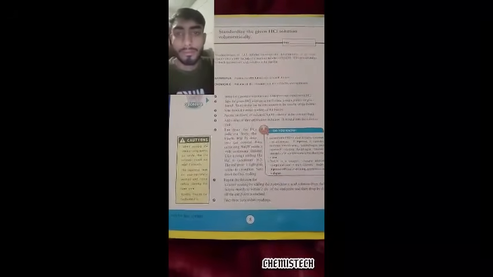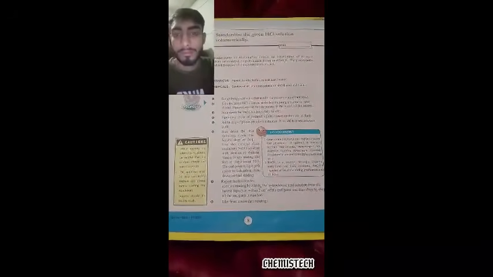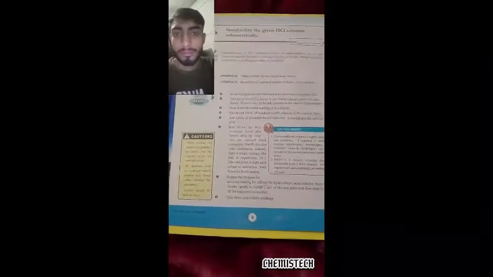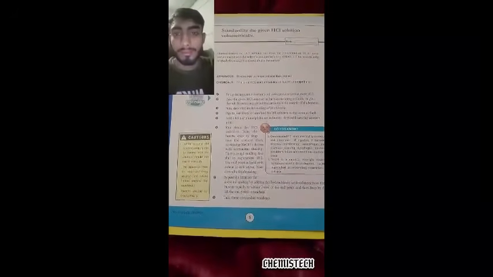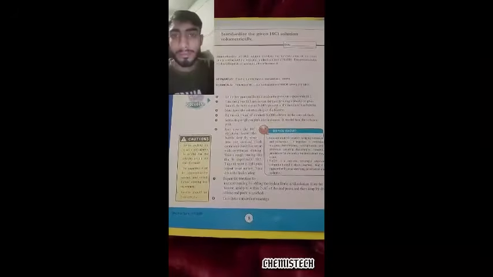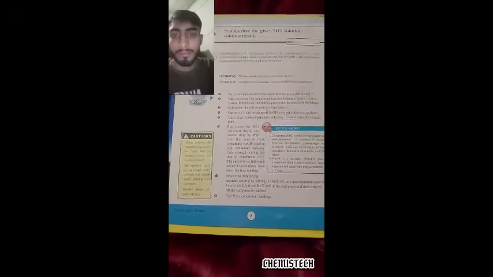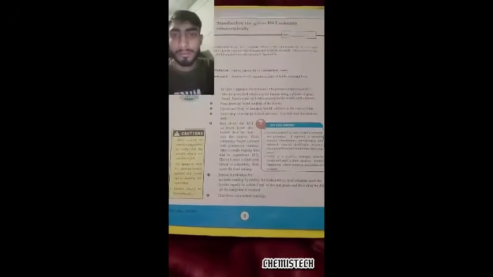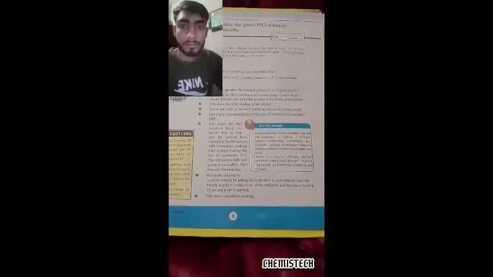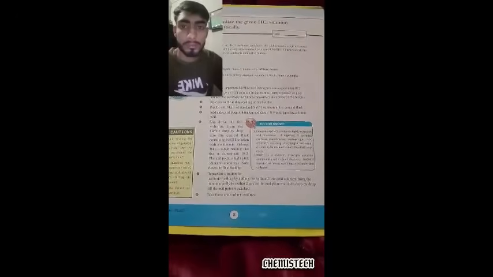Apparatus: pipette, burette, funnel, conical flask, beaker. Chemicals: solution of HCl, standard solution of NaOH, phenolphthalein. Here is the procedure. Set up the apparatus like that used in the previous experiment 10.2.